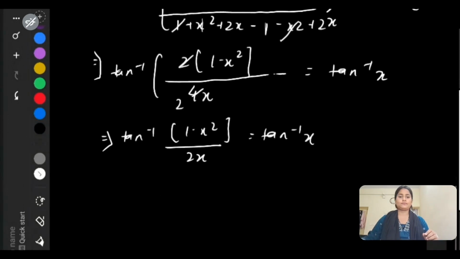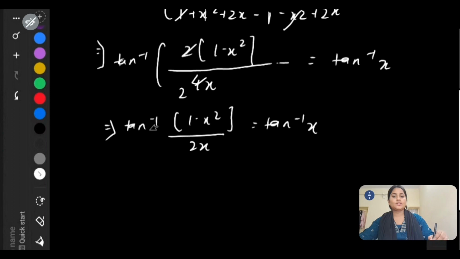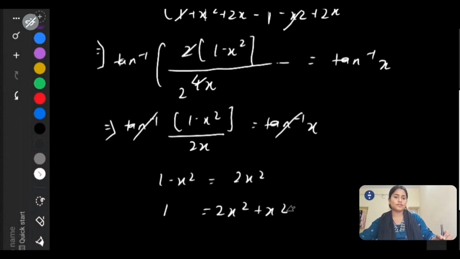Can we cut this tan inverse? Then (1 minus x square) over 2x is equal to x. We'll multiply here, so shift this here. So 1 minus x square is equal to 2x square, and this will shift and become plus x square. So 2x square plus x square, which is 3x square, is equal to 1.